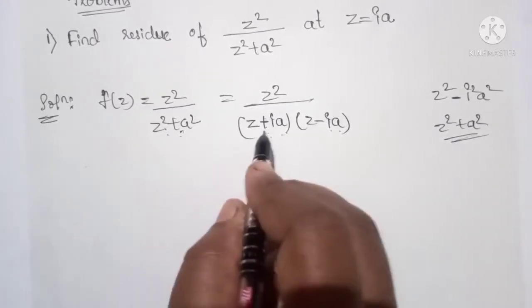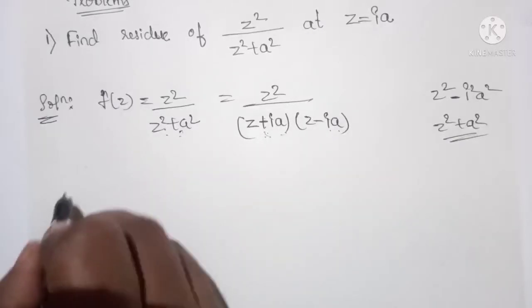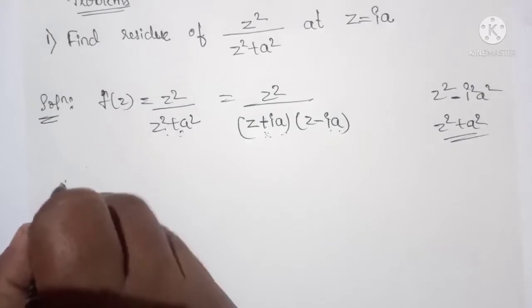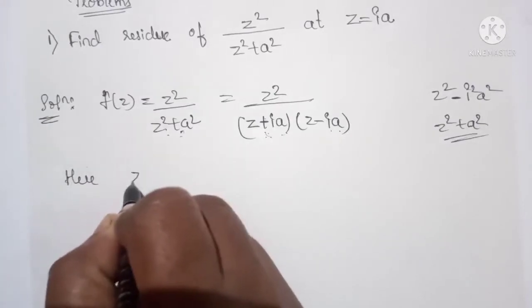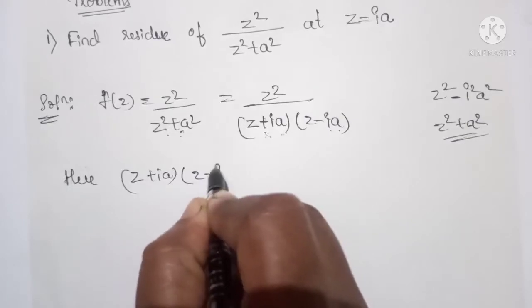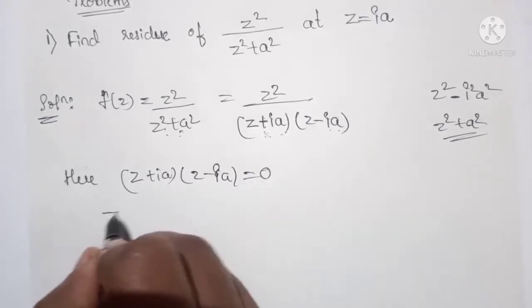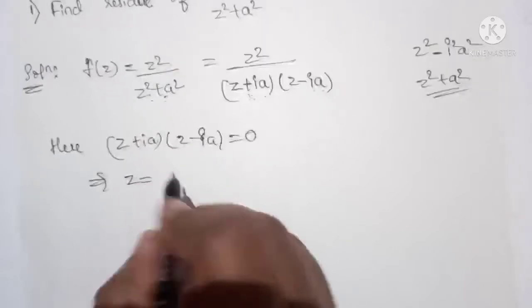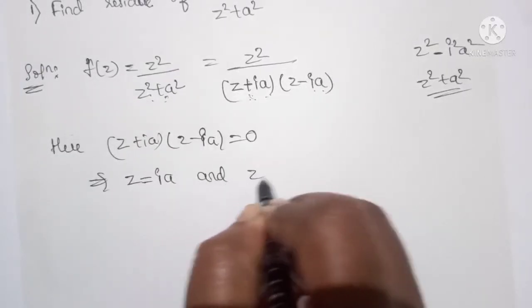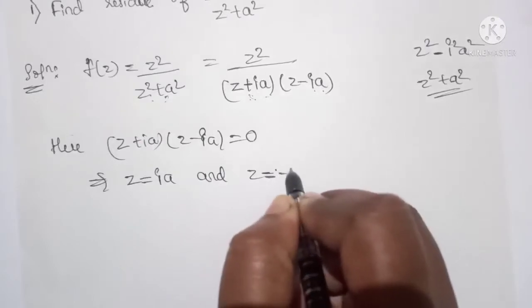Now you can observe that on equating the denominator to zero we get 2 points of singularity, that is 2 poles. Here z plus ia into z minus ia equals 0 implies we get 2 poles, that is z equals to ia and z equals to minus ia.